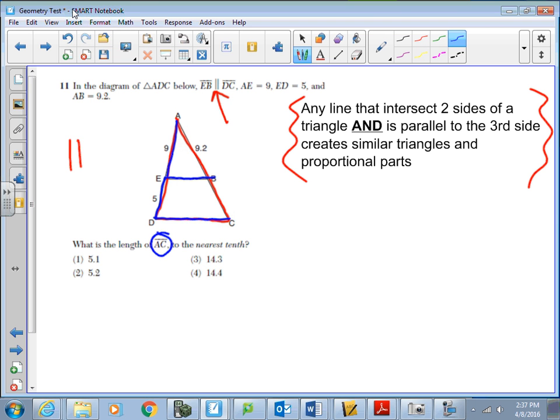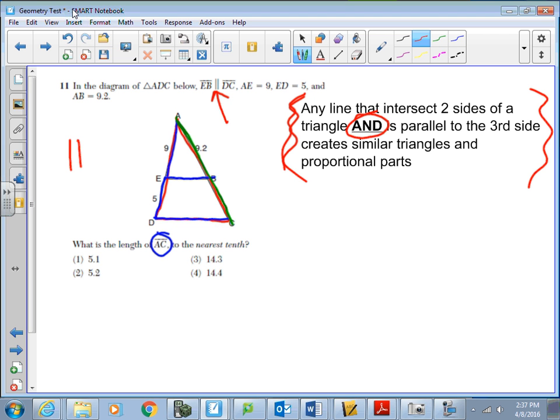Now, keep in mind, AC is this entire side, so be careful. You can do a lot of work on this problem and then circle the wrong answer because you don't pay attention to what is being asked. All right, now, I want you to write this down, what I wrote over here. Any line that intersects two sides of a triangle and is parallel to the third side creates similar triangles and proportional parts.